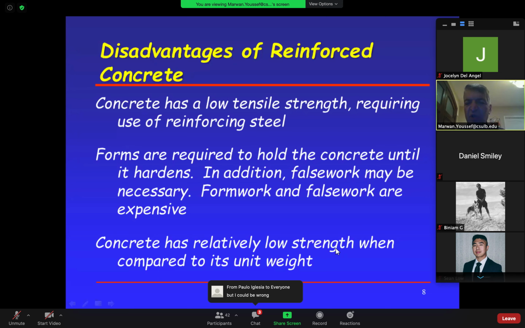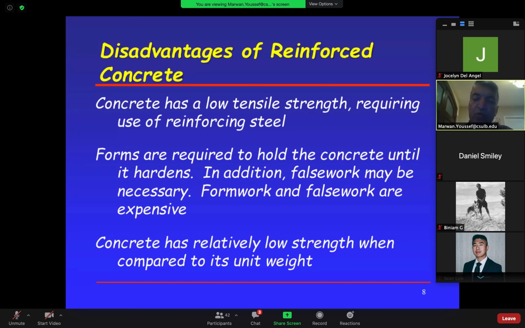Concrete has relatively low strength when compared to its unit weight. So the things you're going to design are going to be very heavy. That's why when we start design, you will see us doing a dead load and a live load, but we're also going to have the own weight of the beam. Because before the beam can carry anything else, it has to carry itself.